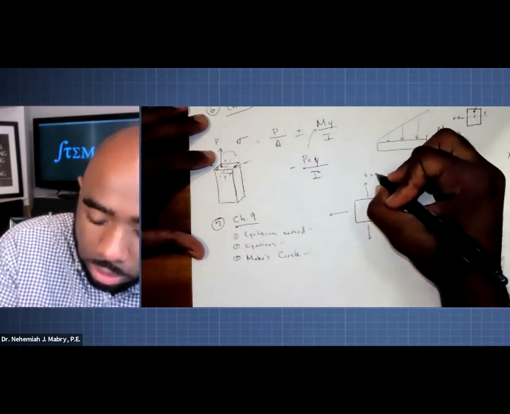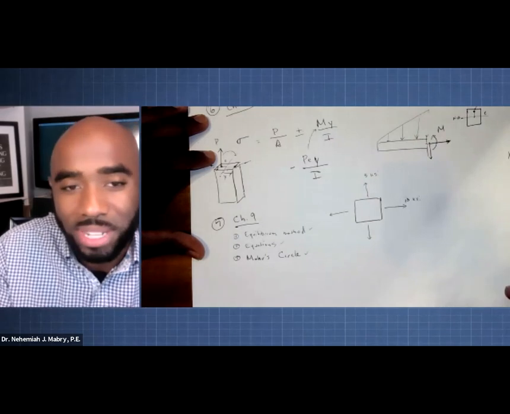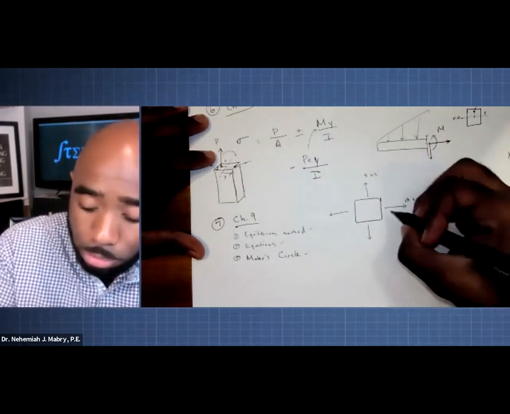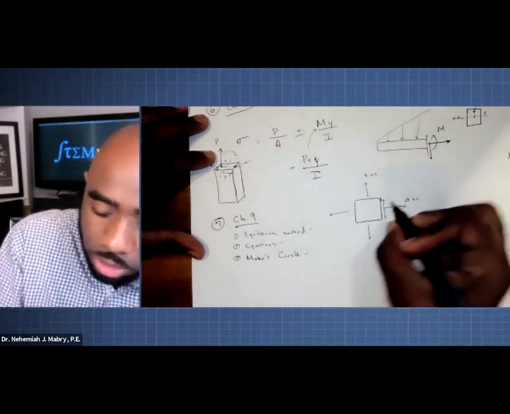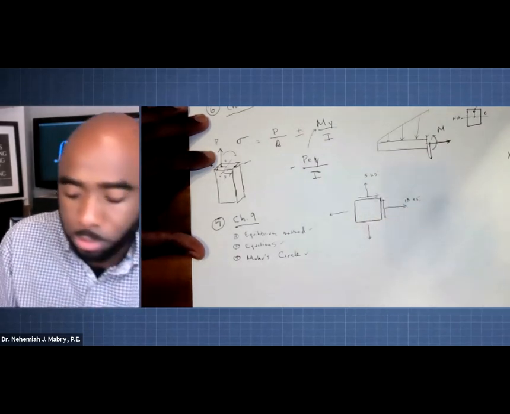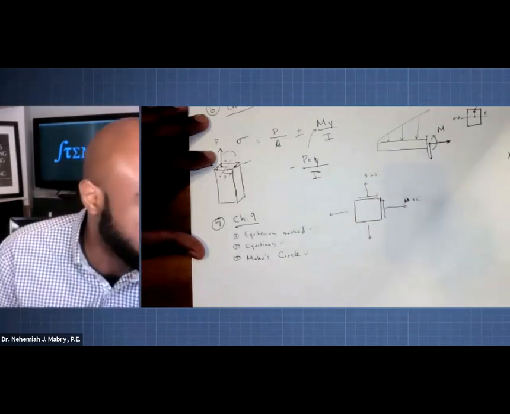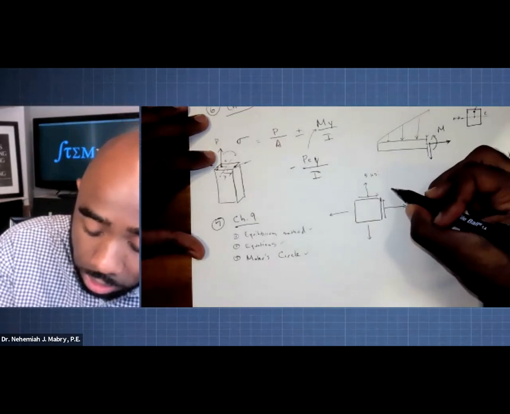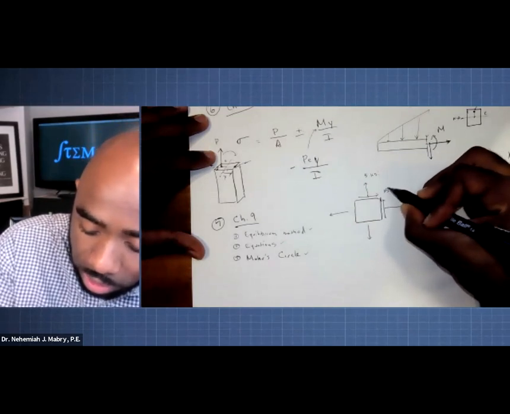I'll go with my 5 KSI, as I've been doing throughout this entire thing. And then you may have some shear stresses here. Shear stresses, I'll call that 15 KSI.